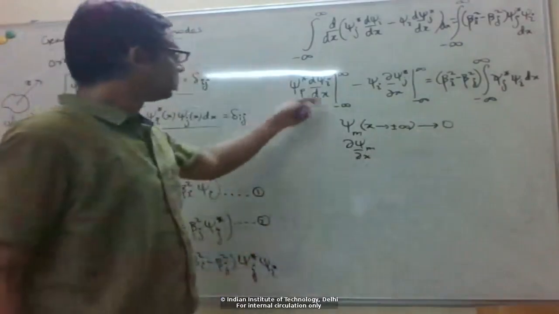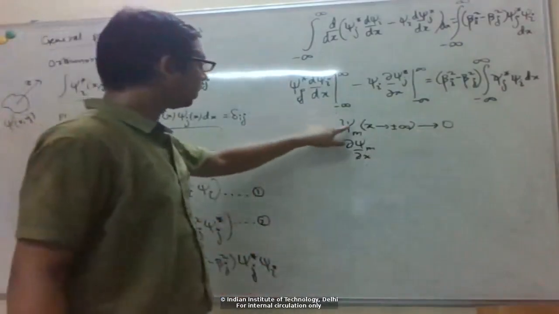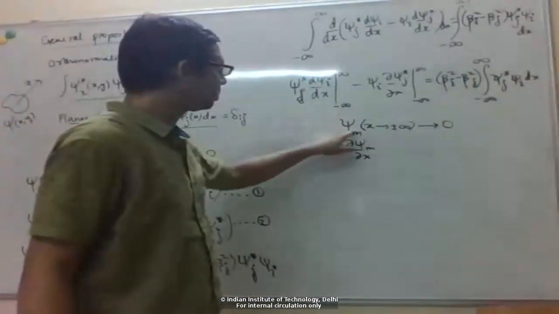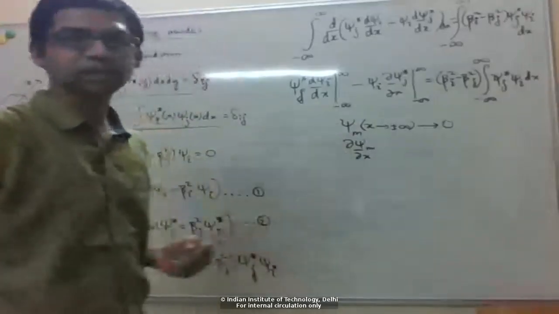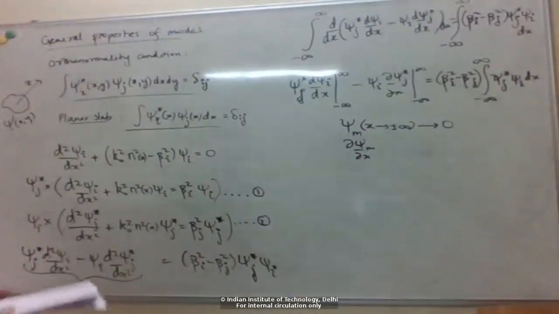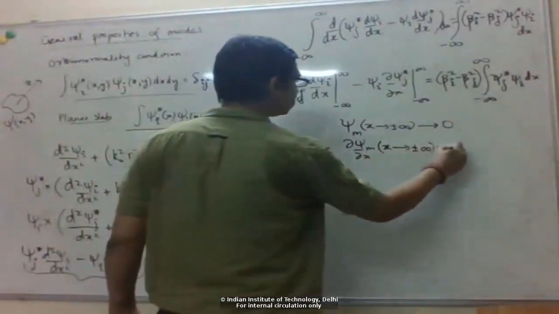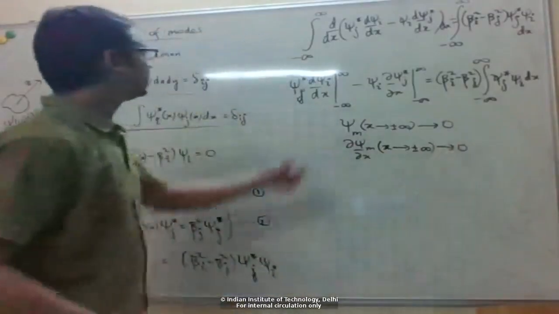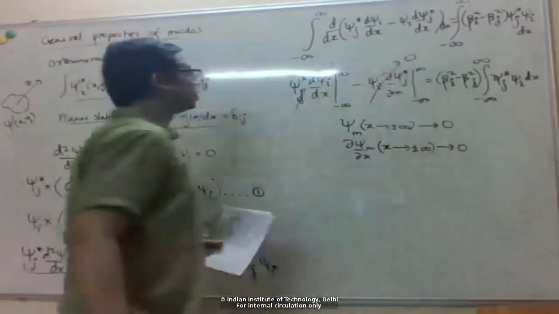Because remember, if we solve for TE modes, then we solve for the electric field. So these would be the solutions for the electric field, and then the magnetic fields will be given by the derivative. So all fields have to decay to 0 at infinity. So the derivative also has to go to 0, which means both these are 0. So this is 0. This is 0.